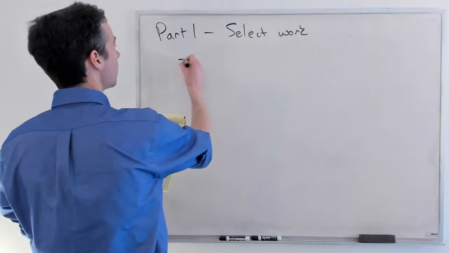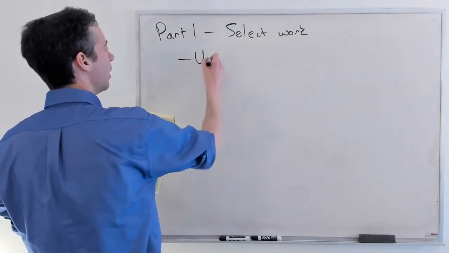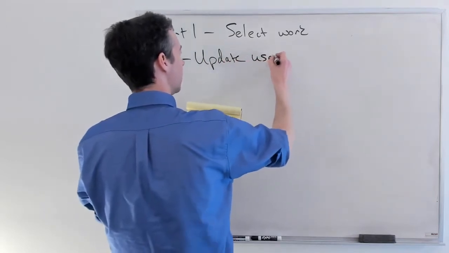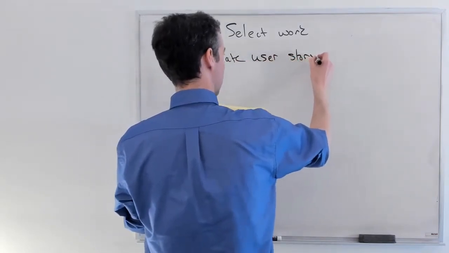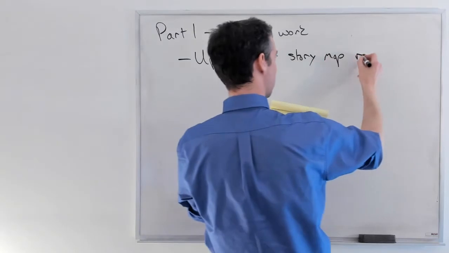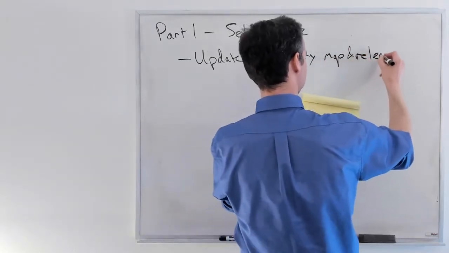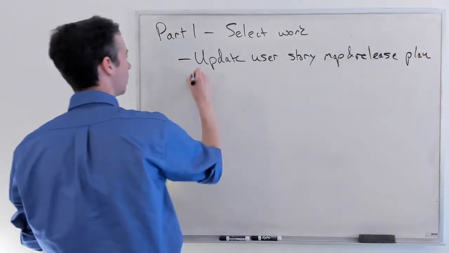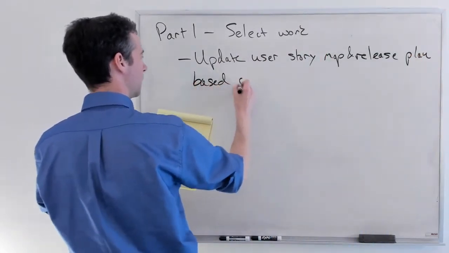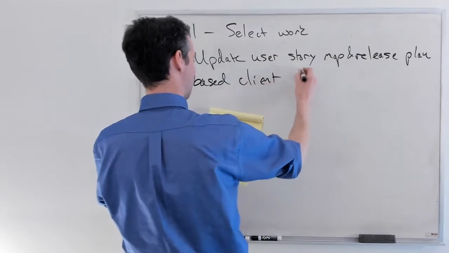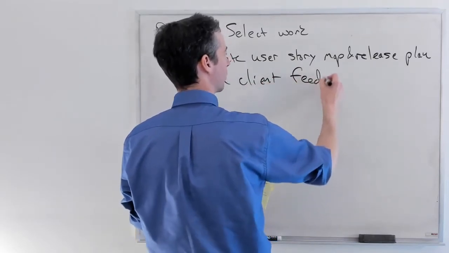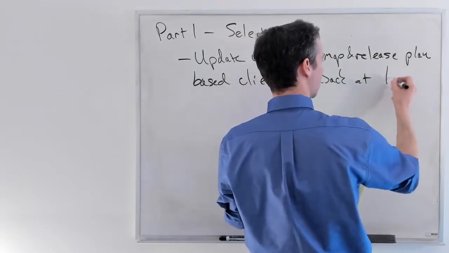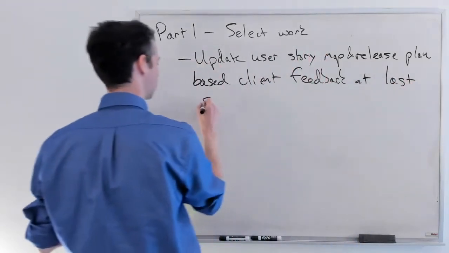All right. So the first thing that we need to do in this meeting is make sure that we update our user story map and our release planning based upon our client feedback. This feedback comes from the last sprint review.